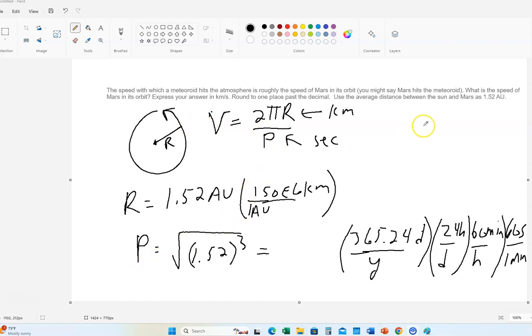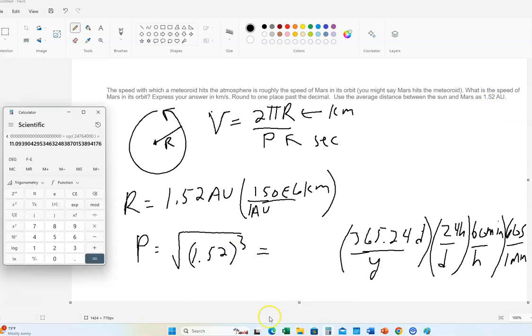We don't know the period, but we know the semi-major axis, that's what this is called. So we can use Kepler's third law to figure out the period.